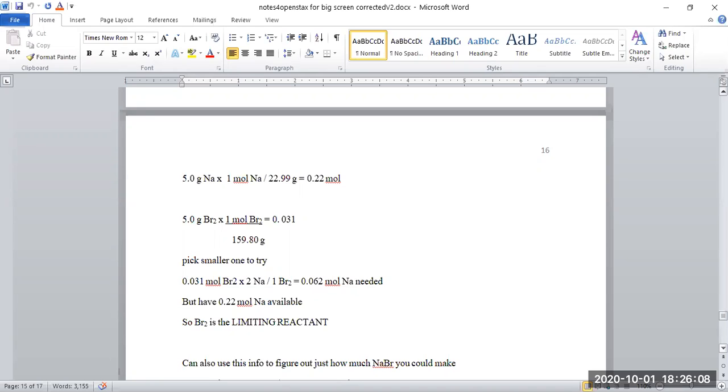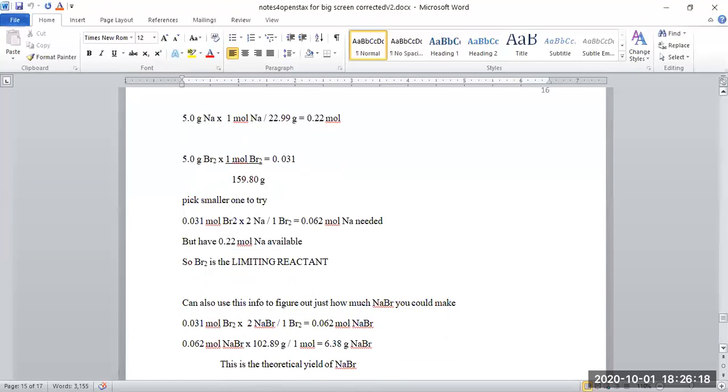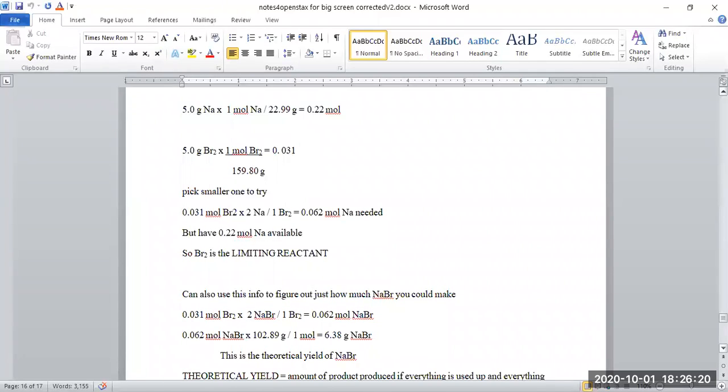Once you figure out which one is limiting, this then determines how much product you can make. And it kind of goes the same way. Start with the thing you know. In this case, start with the limiting one. I have another ratio involved here.